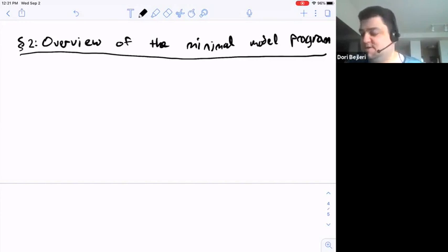But this word also has a double meaning, because a minimal model program is also something that you can do to a variety, which we'll see as we're discussing it.